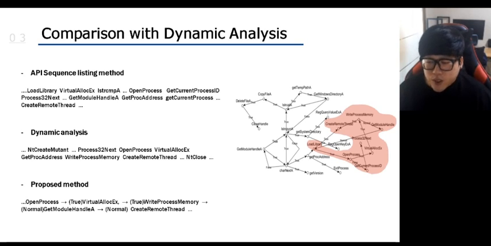The previous sequence listing method can be shown to have an API sequence different from those that appear in the dynamic analysis, which directly executes APIs to analyze. However, the API sequence in the method proposed in this paper can be identified to be similar to those appearing in dynamic analysis.